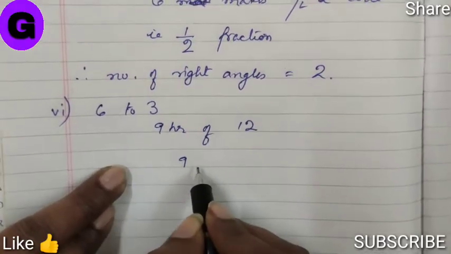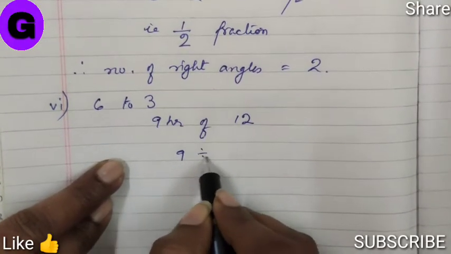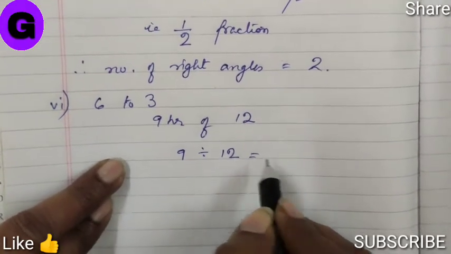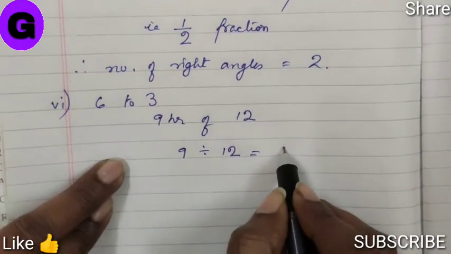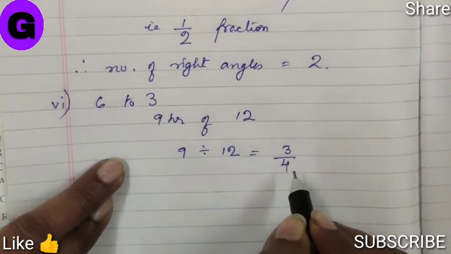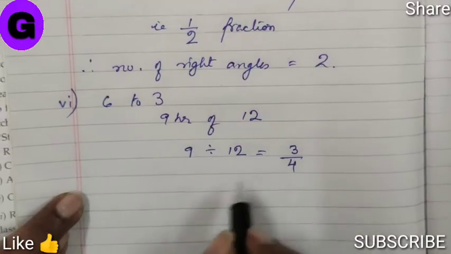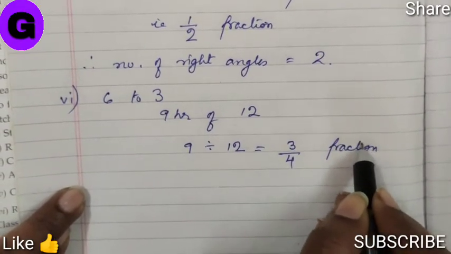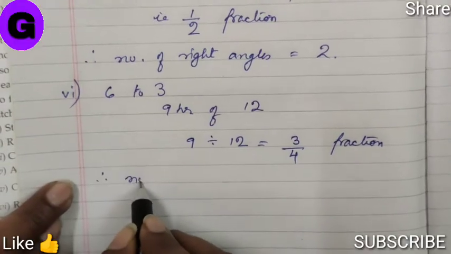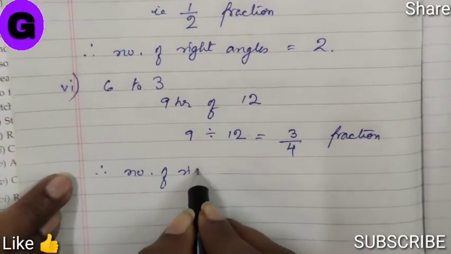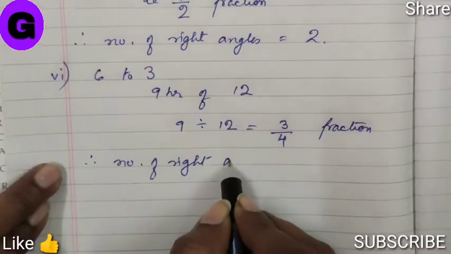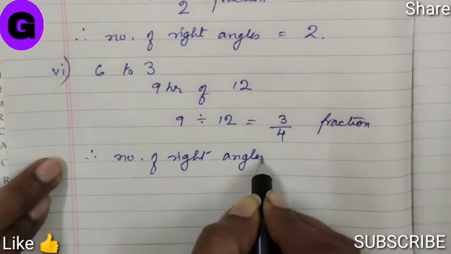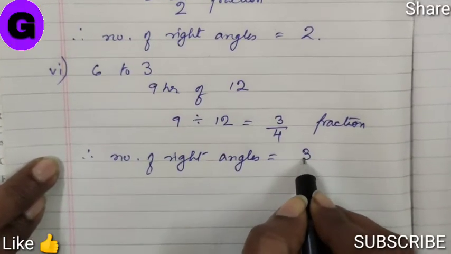That means 9 divided by 12 is equal to 3/4. This is the fraction which we get. Therefore, the number of right angles formed is 3.